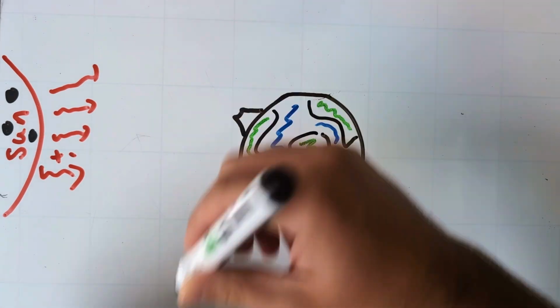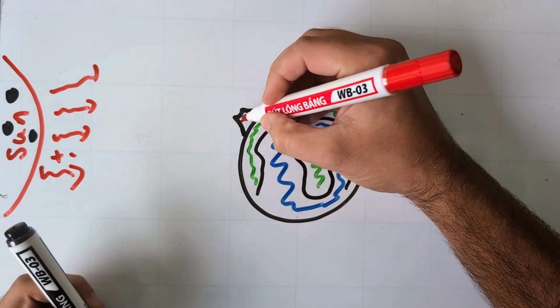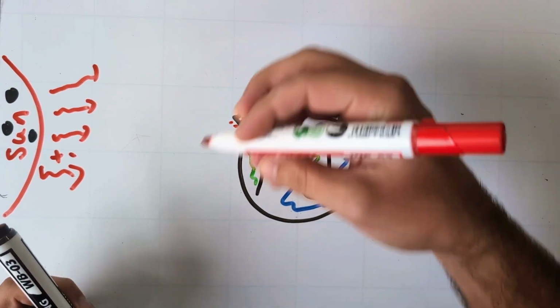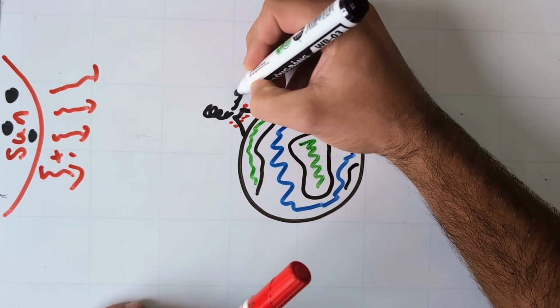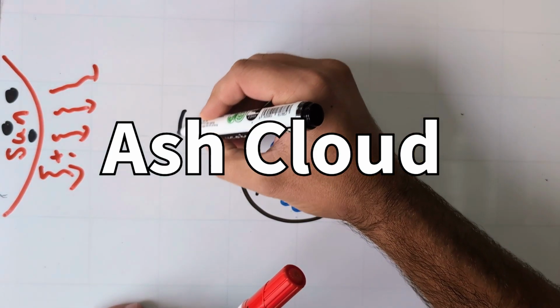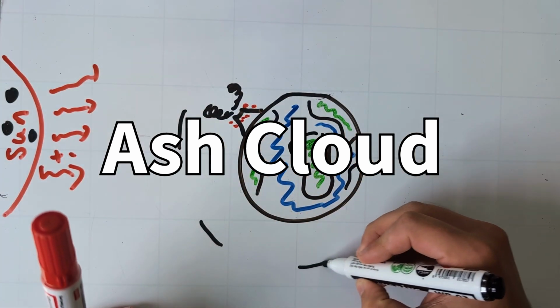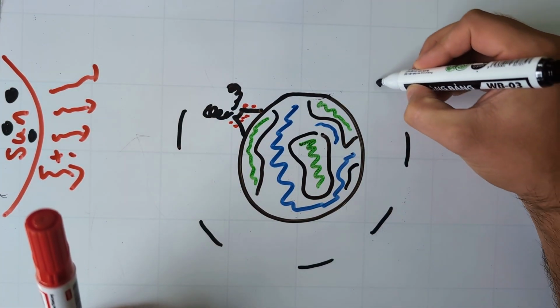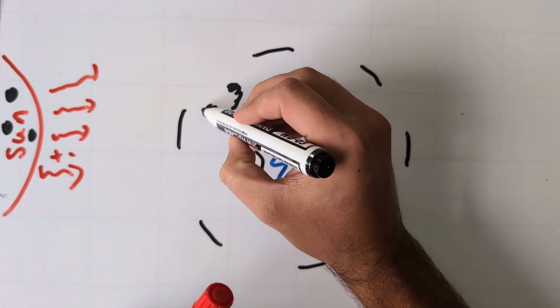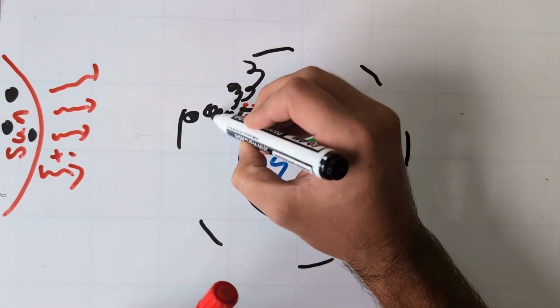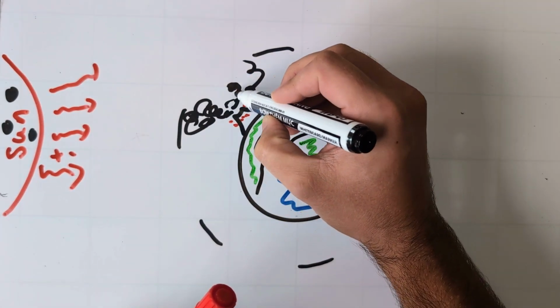So here's a volcano. And as we know, it spits out lava, but it also spits out a huge ash cloud. And it does so into Earth's atmosphere. Okay? So we have a huge ash cloud being pumped out into our atmosphere like so.